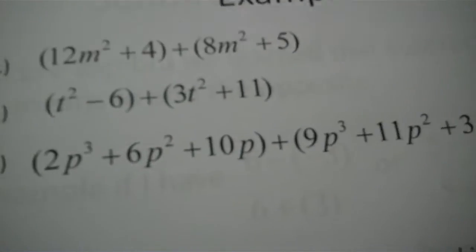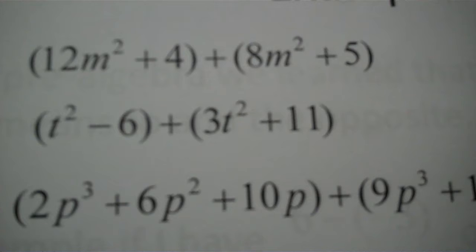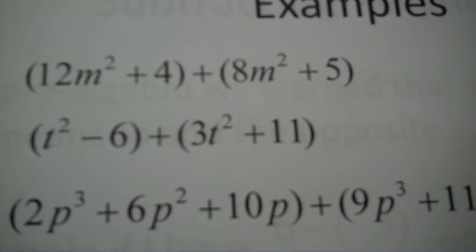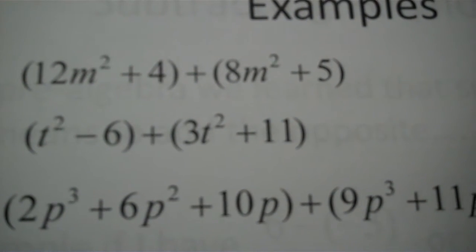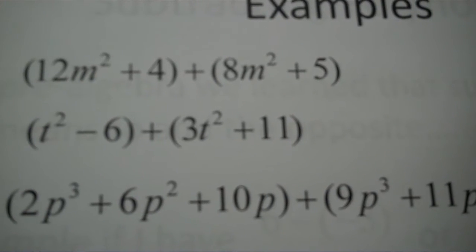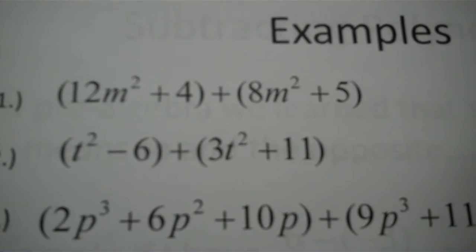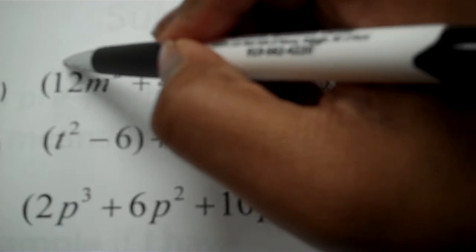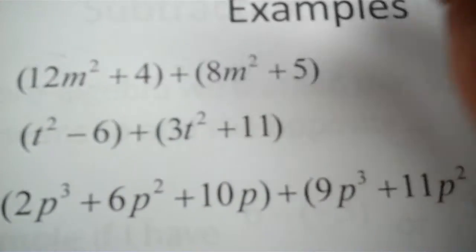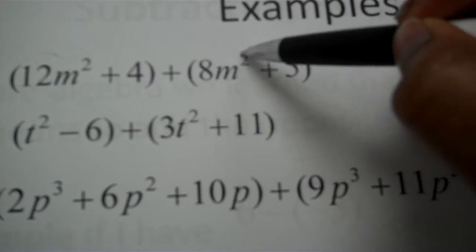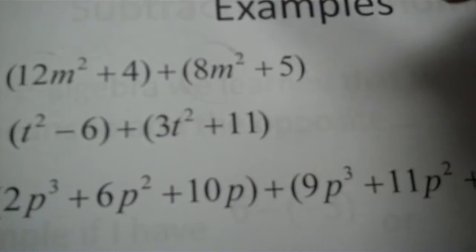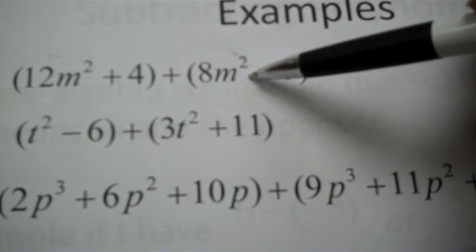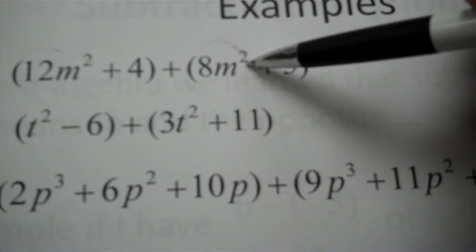Here are some examples. Example 1. You have 12m squared plus 4 plus 8m squared plus 5. The horizontal method is just to look and see where your like terms are. You have 12m squared and 8m squared. So you would combine those because they have the same variable with the same exponent.